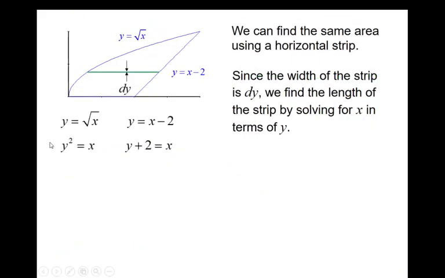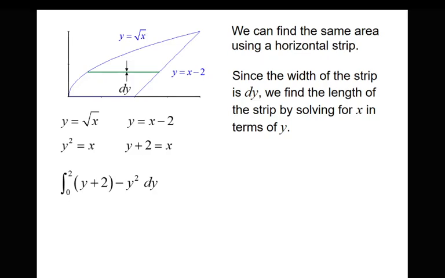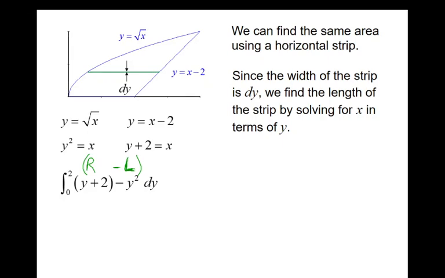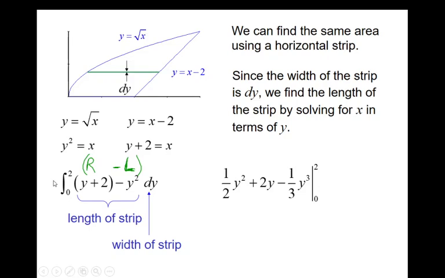We use our equation, and in this case, you can see it's right minus left inside, and then you simplify, take the antiderivative, plug in the top limit, and you get your answer.